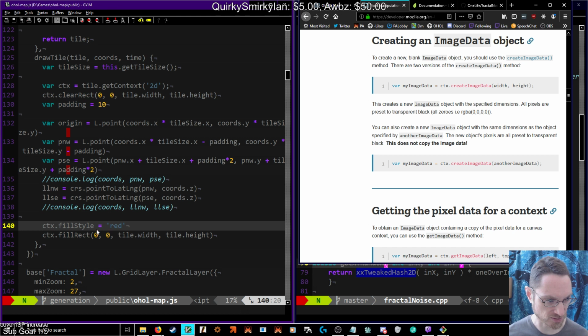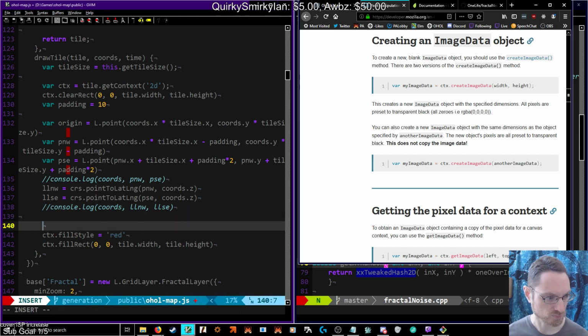So context, we've got a context. Oh, that's from another image data. New blank.